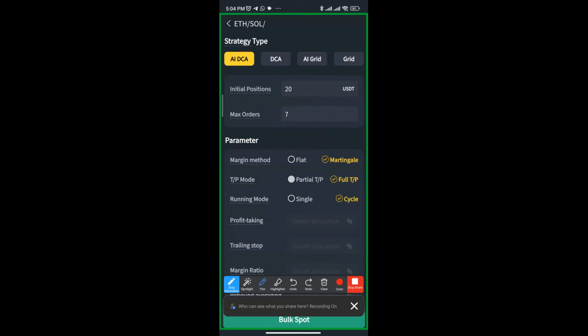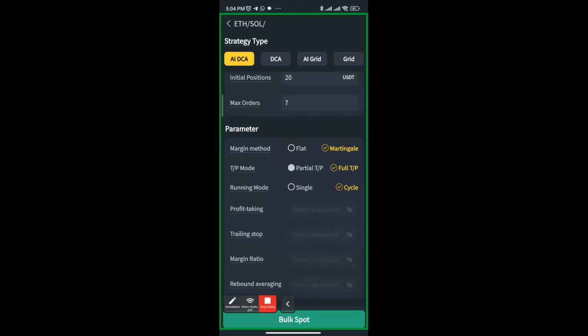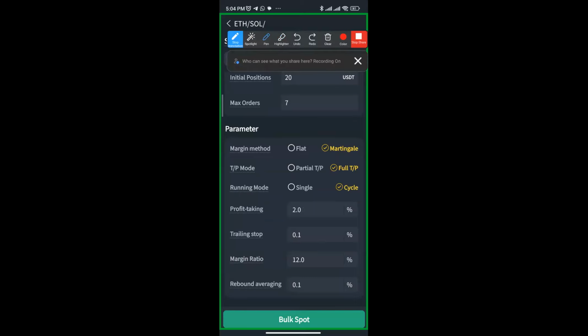So you can put your interval. If you go to DCA, look at it. What are these intervals? Look at the intervals here. You can have a margin ratio of 12%.